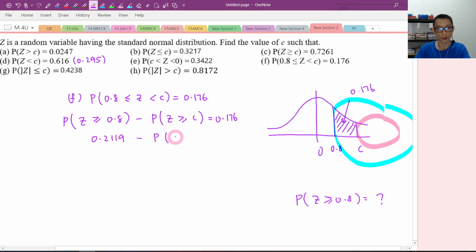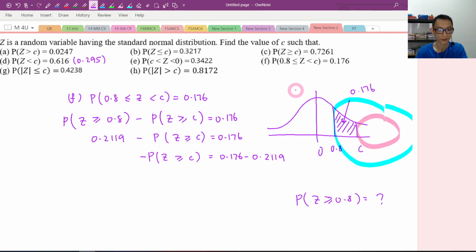The rest we just copy, 0.176. 0.176 minus 0.2119. Okay, you will get negative 0.0359.